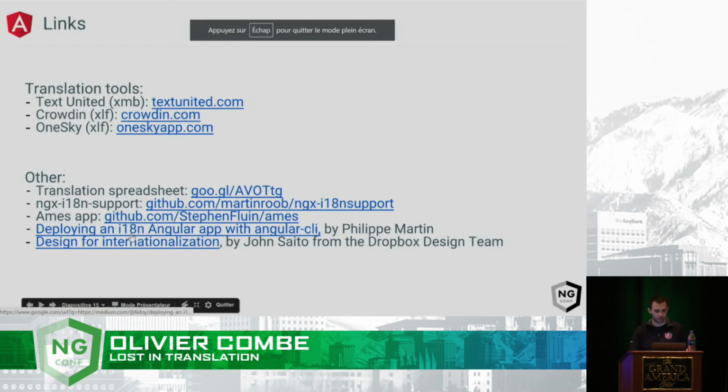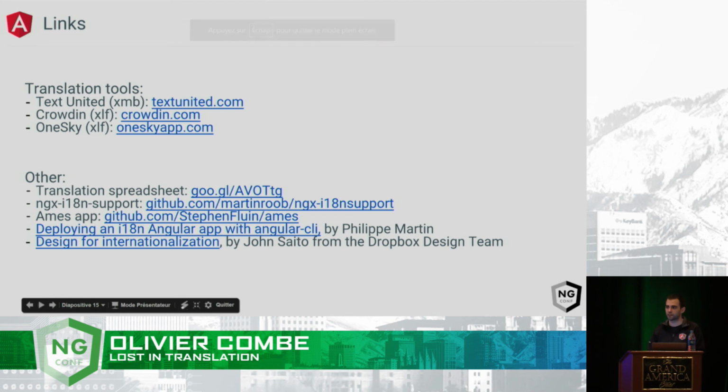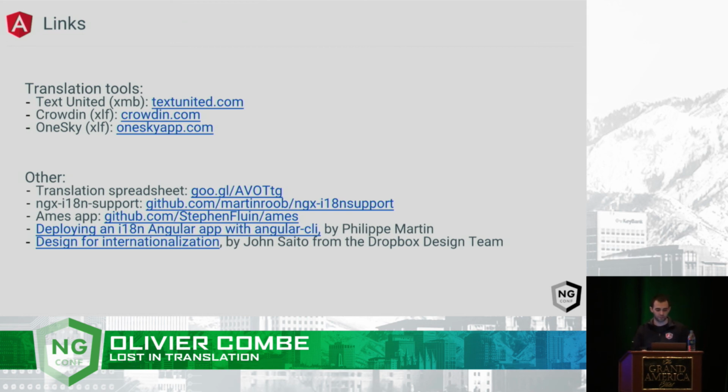So yeah, another link, the tools that I told you about that extract for each language and merge your translations, from Martin Probst. Ames app is an application that we built at Google and that we use to showcase some of our features. I added some IATN support recently, so you can see how it works in a real application. And then two blog articles: deploying an IATN Angular app with the CLI by Philippe Martin.